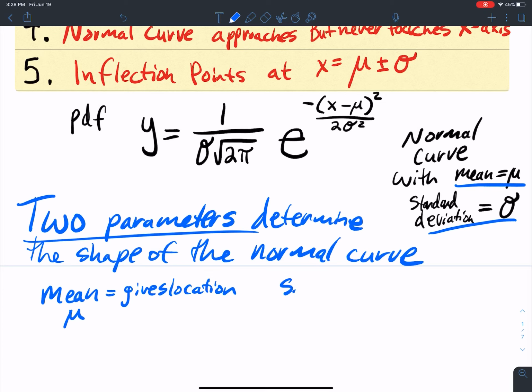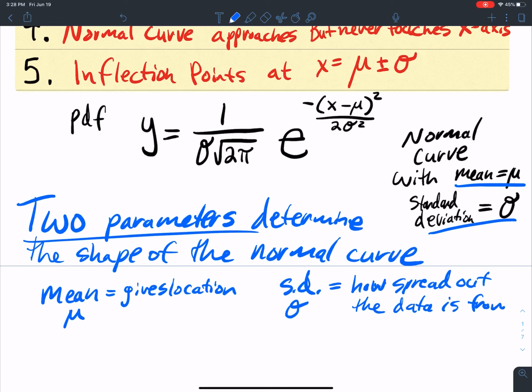The standard deviation, sigma, tells how spread out the data is from the mean mu. Okay? So it gives the location, the line of symmetry.